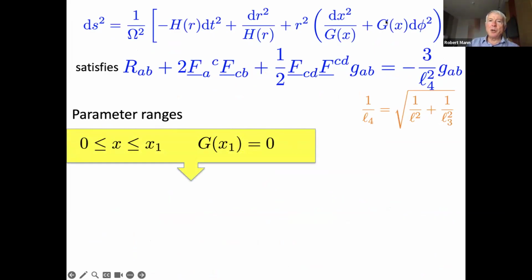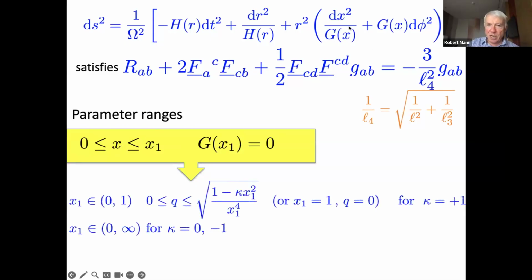Now, we have to worry about the parameter ranges of x. x actually goes from 0 to some finite value x1, where g vanishes. And we have to ensure that where g vanishes, we don't obtain a conical singularity.